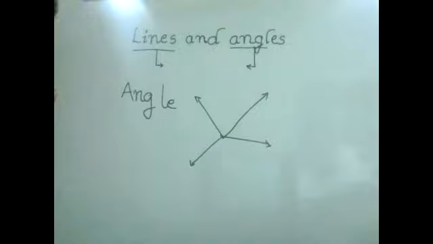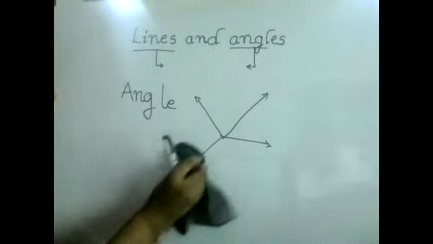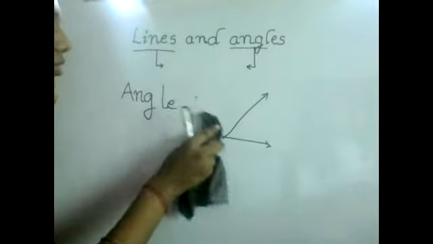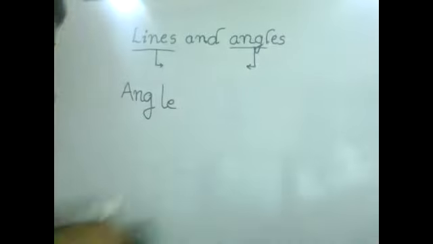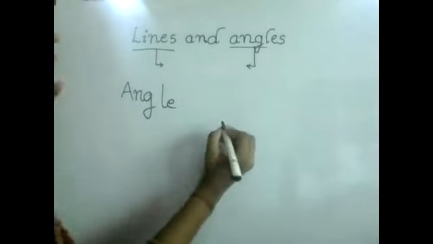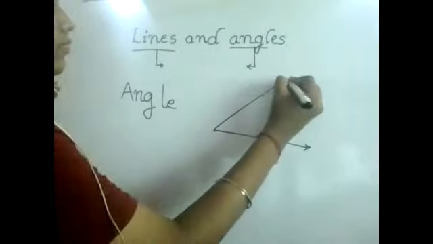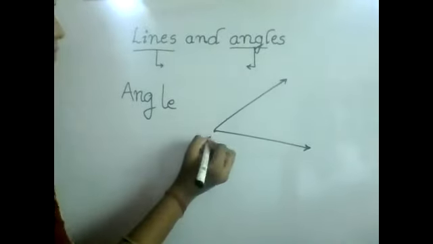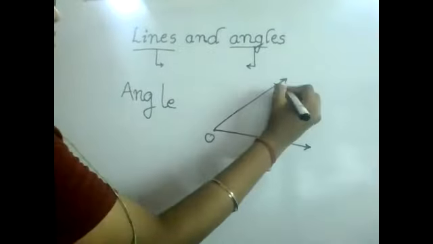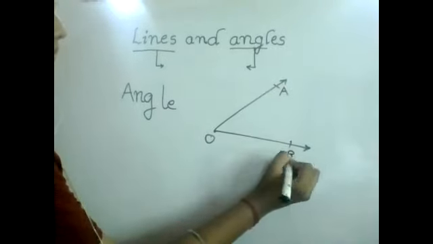We will consider only two rays. Let us name this point O, and these rays A and B.